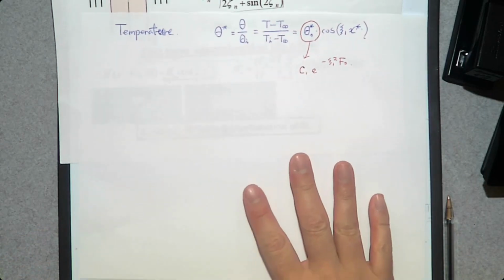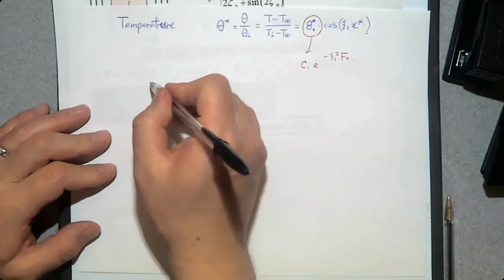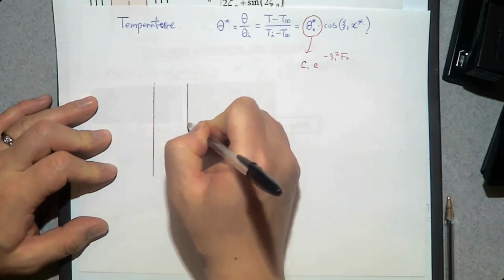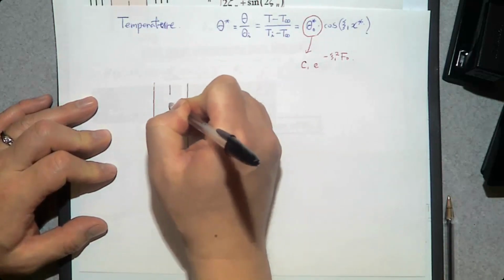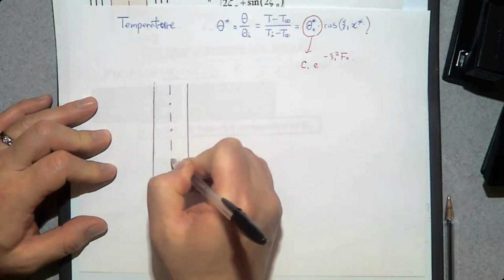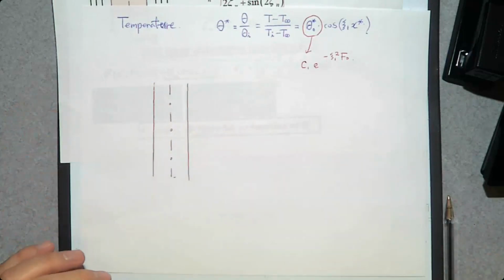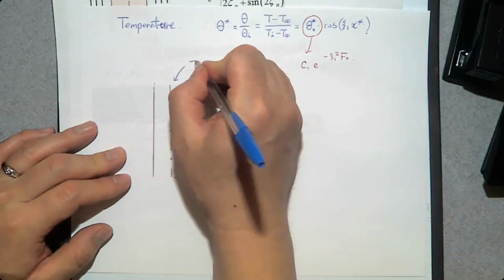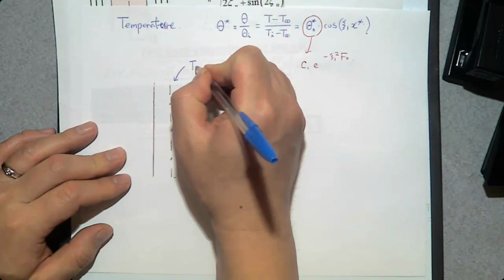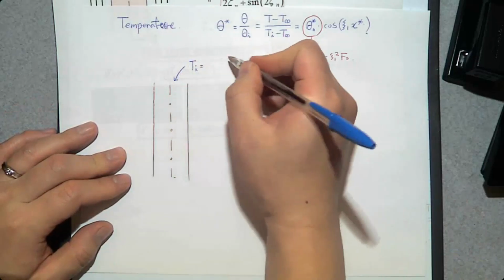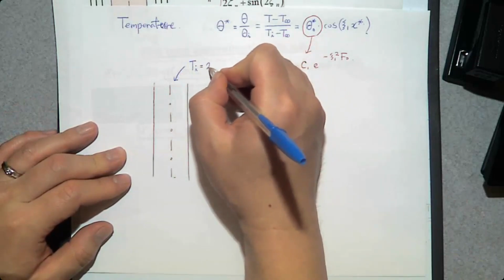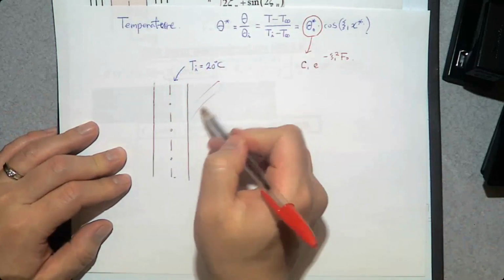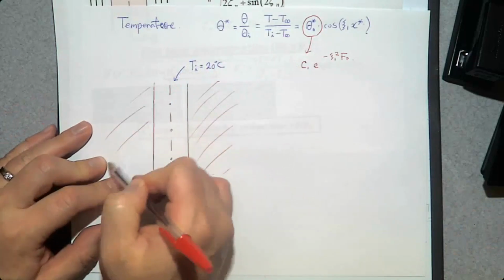And this equation explains when you have a solid such as this plane wall, let's assume that initially the temperature of this plane wall was 20 degrees Celsius and the surrounding fluid is going to be at high temperature.